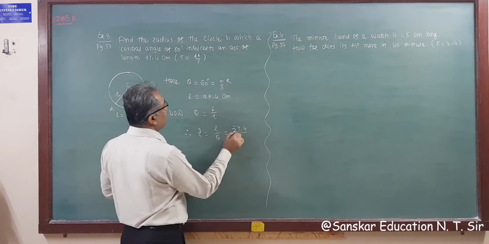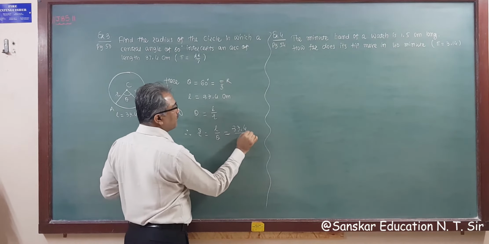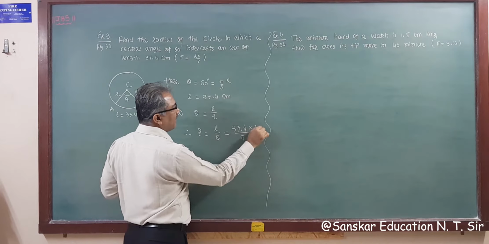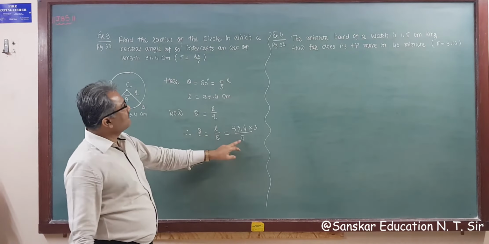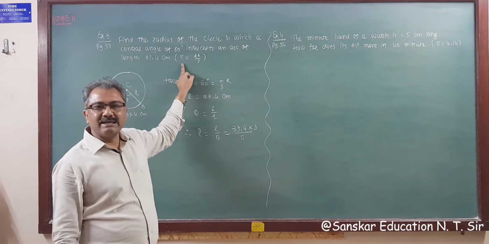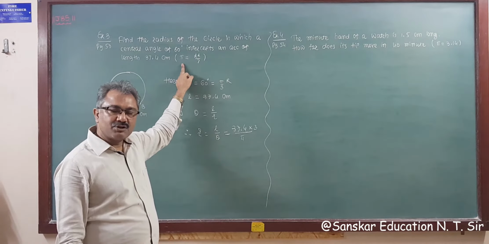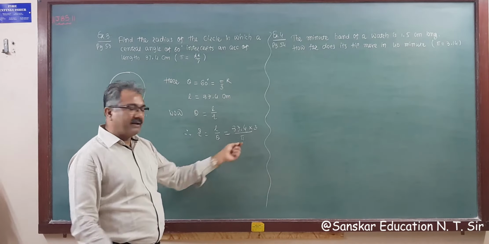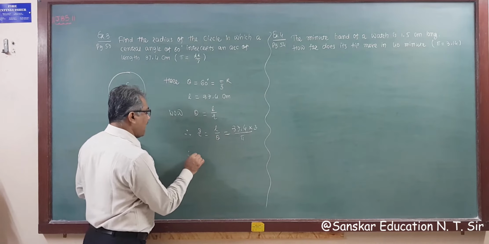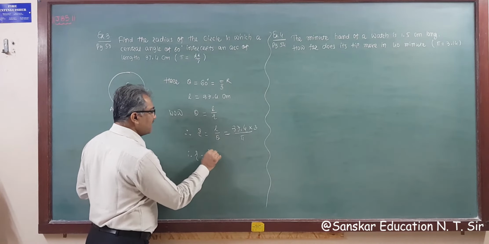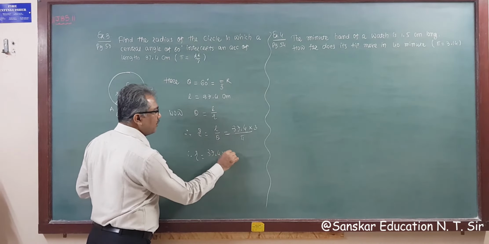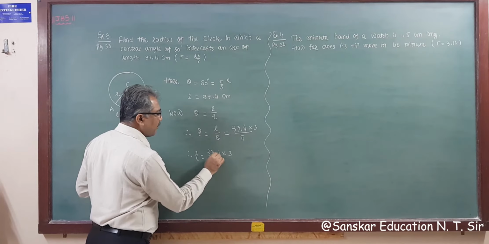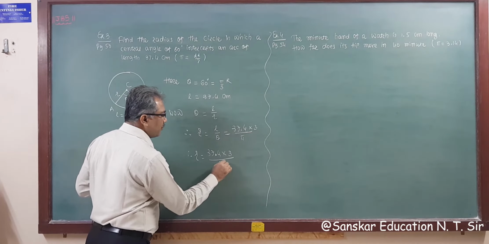And theta is pi by 3. Now they suggest we take the value of pi as 22 by 7, so we substitute the value of pi. Therefore R is equal to 37.4 into 3 whole upon 22 by 7.